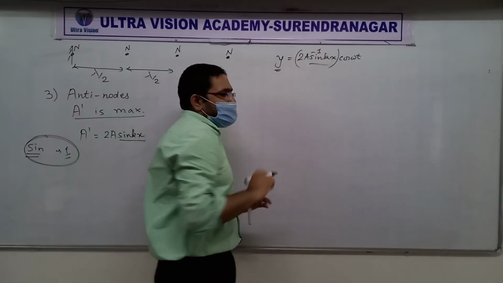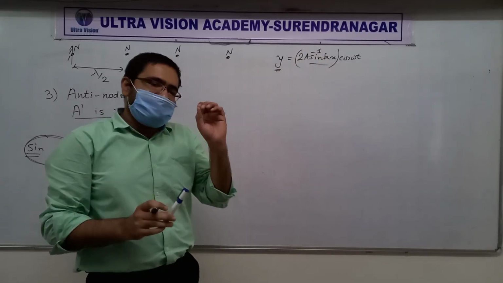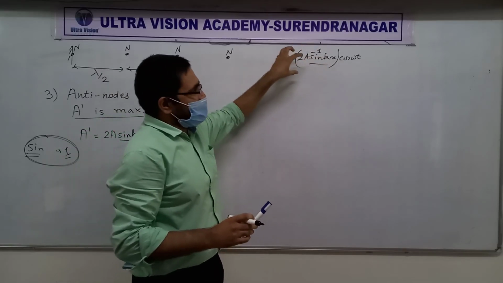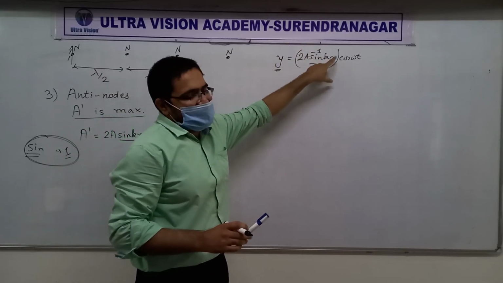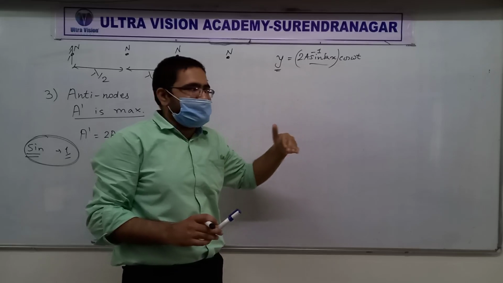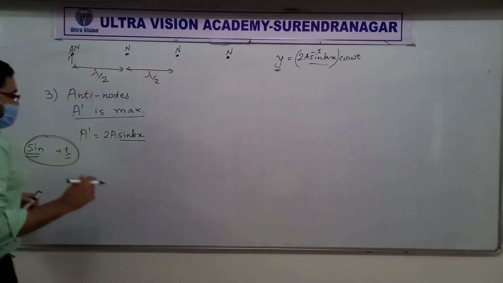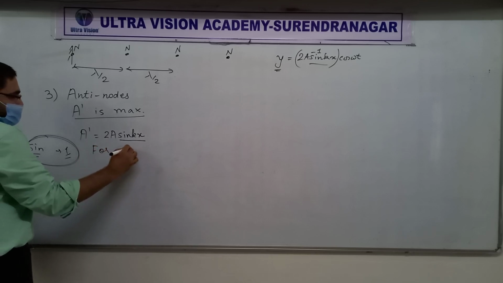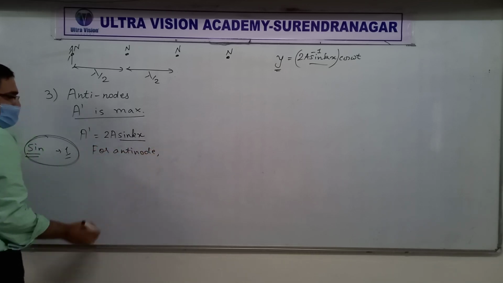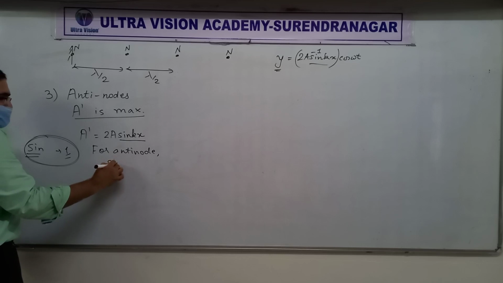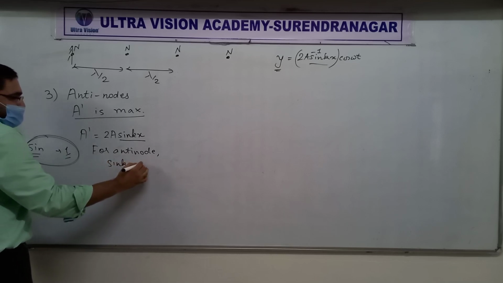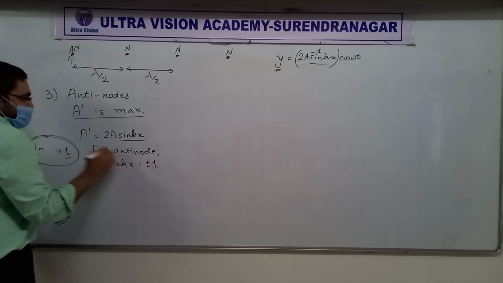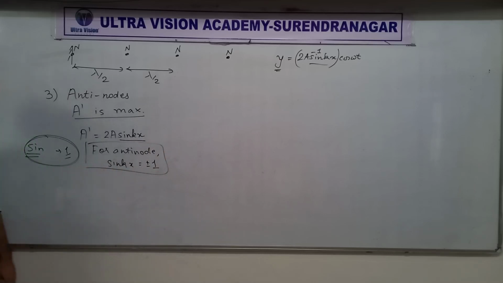Then also no problem. It simply means the displacement of this particle, which has sin kx as -1, will be towards the negative side. That's it. So for an antinode, sin kx can either be +1 or -1. Is this clear or not clear?